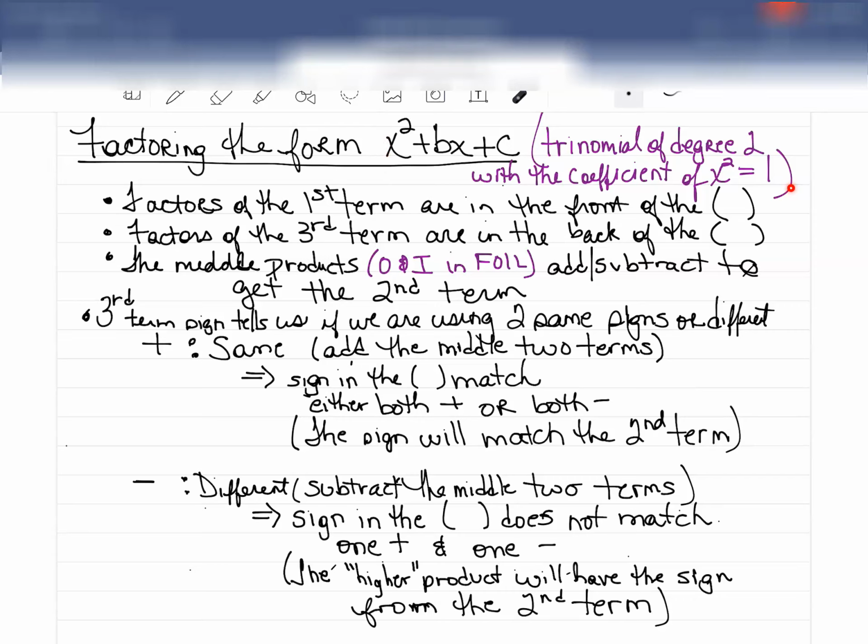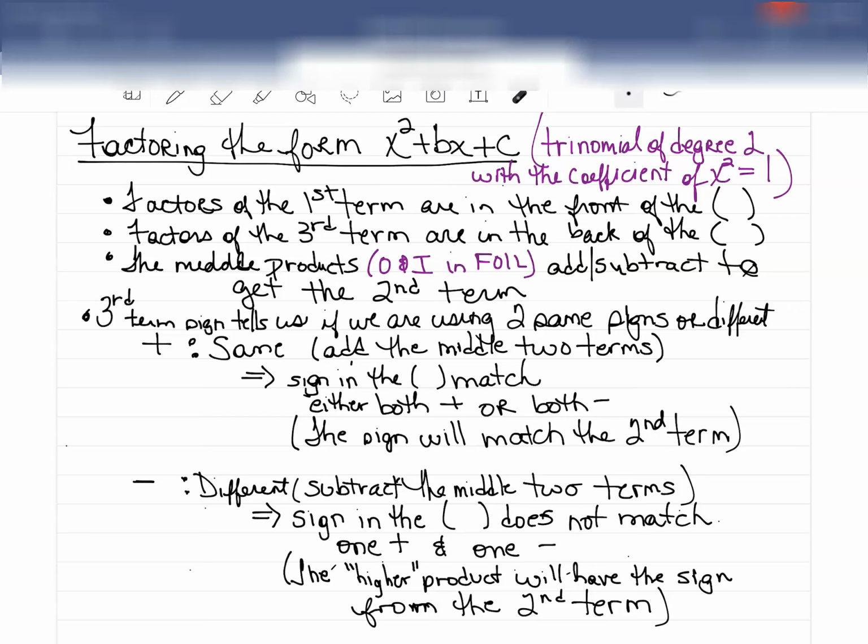When that's the case, we're going to figure out the factors from the first term so that we can get the stuff that's in the front of the parentheses. We're going to use the factors of the third term to get the stuff that's in the back of the parentheses. Then we're going to figure out if we have the right set by keeping this in mind. The middle product either is going to add or subtract to give us that second term.